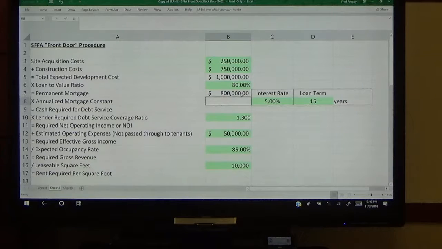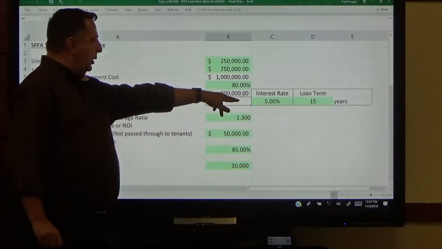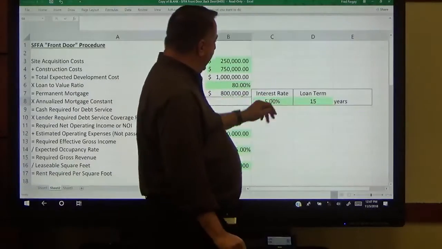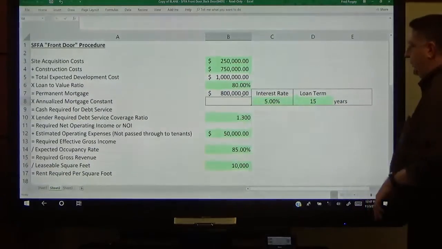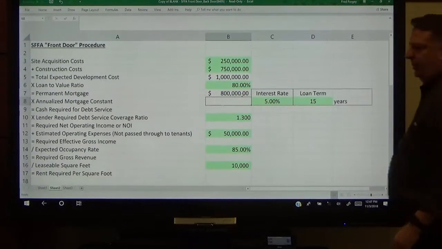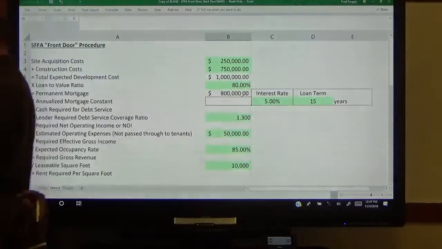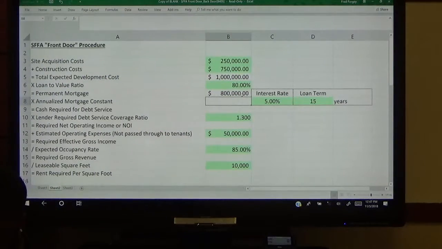All right. Now, here we're going to pop in our annualized mortgage constant for this loan at a 5% interest rate for 15 years. If you remember from this morning, we talked about mortgage constants.